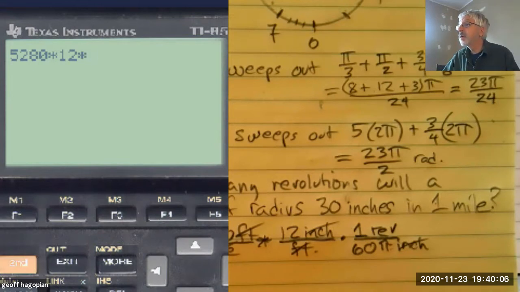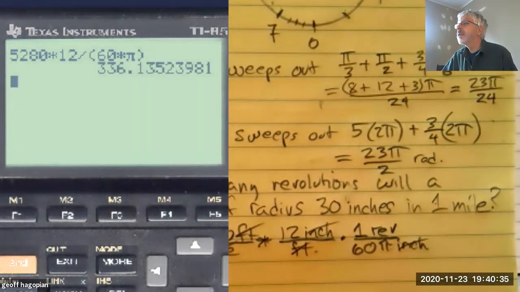So I want to go back a notch and say divided by, in parentheses, 60 times pi, where's pi? You can't see the whole calculator. Otherwise, you could tell me where it is. And it's kind of badly eroded. There it is. Okay.